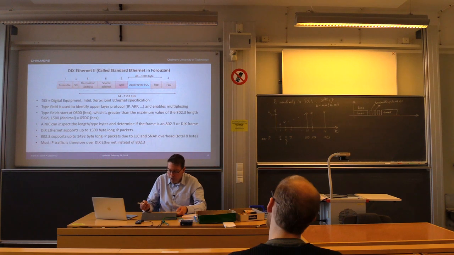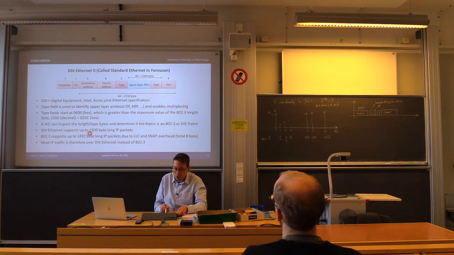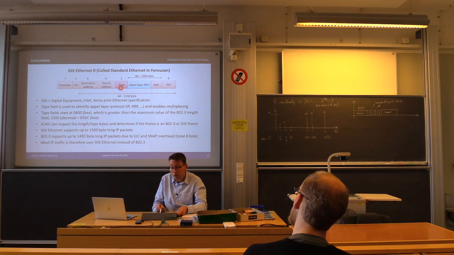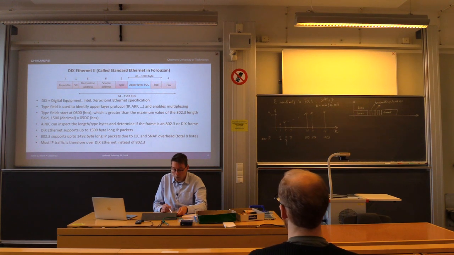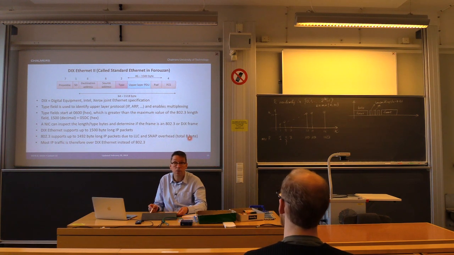Okay, so let me try this again. DIX Ethernet supports up to 1500 byte long IP packets, right? Because this type could say it's IP above me, and the whole thing here could be an IP packet. For 802.3, it's not true, because then it can only support up to 1492 byte long IP packets. And why is this? Well, it's because LLC and SNAP has an overhead of a total of 8 bytes.